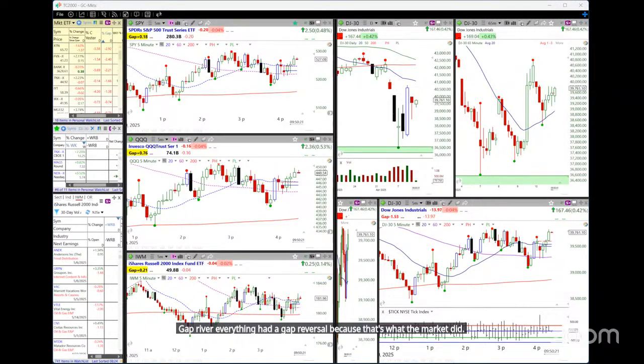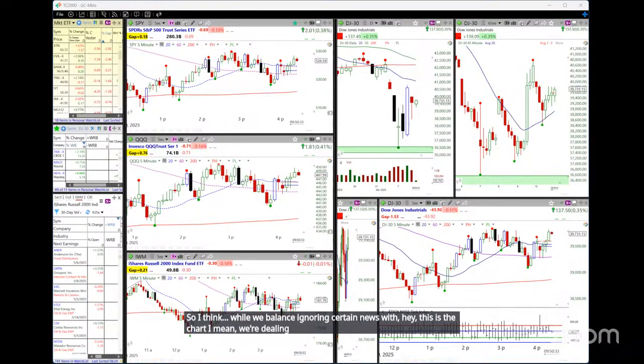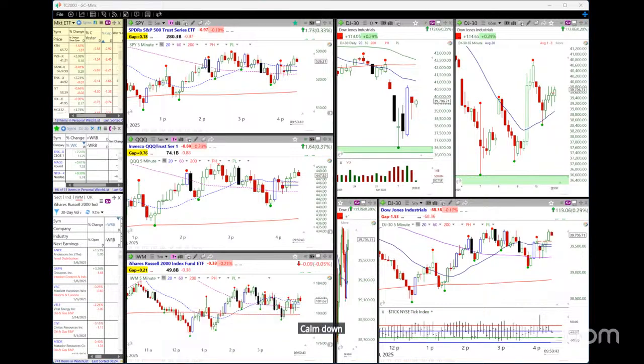So we balance ignoring certain news with, hey, this is the chart. We're dealing with a news-driven market, and we saw what happened with that other stock, that it just collapsed after things calmed down. So that might move up into that unfilled gap resistance.